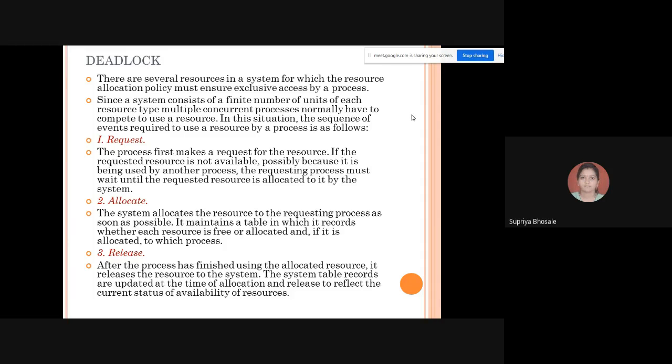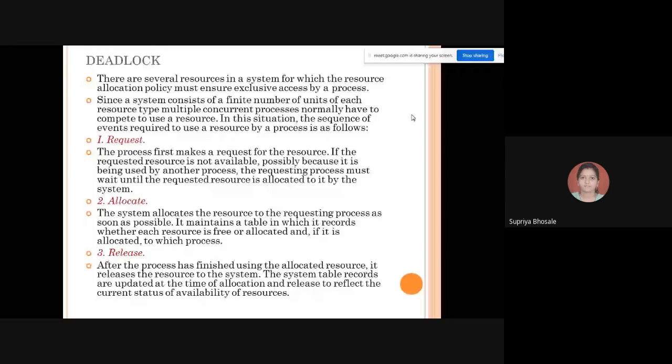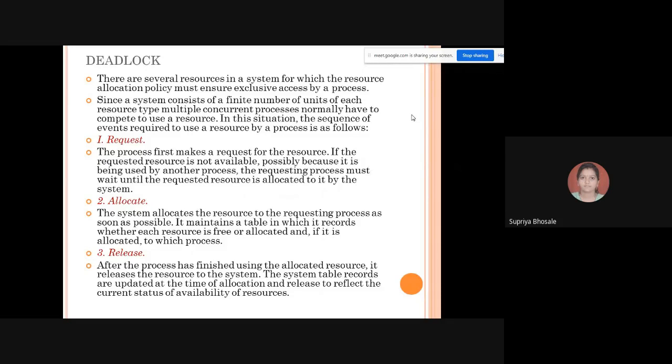So first step is request. Second, allocate. The system allocates the resource to the requesting process as soon as possible. It maintains a table in which it records whether each resource is free or allocated, and if it is allocated, to which process.